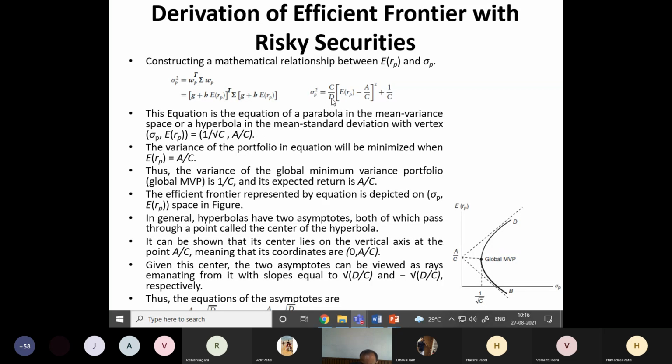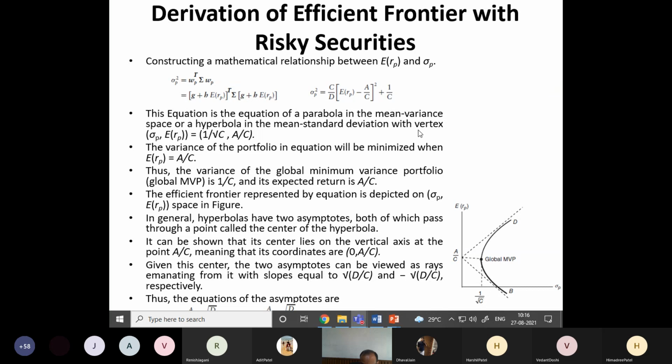So remember, this is the equation of a parabola if you sketch ERP versus sigma p square, and it is a hyperbola if you sketch ERP versus sigma p. So don't confuse it. If you sketch it in the ERP sigma p plane, it is a hyperbola with vertex given by these two. This A by C is whole square, so it is A by C, and this 1 by C becomes 1 by under root C whole square.